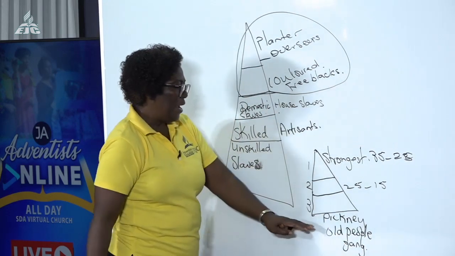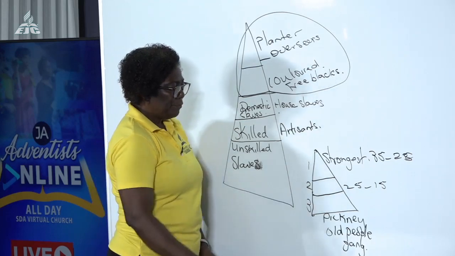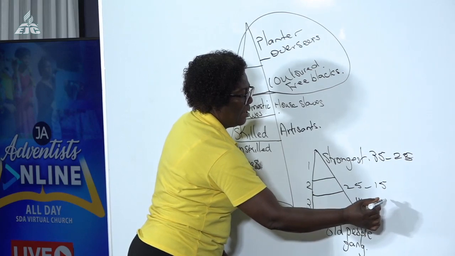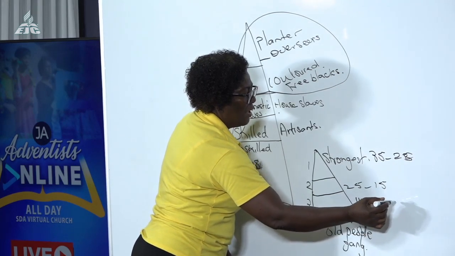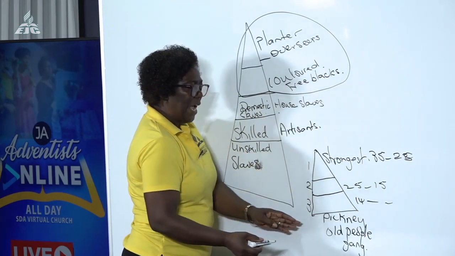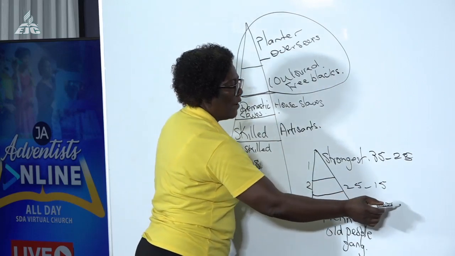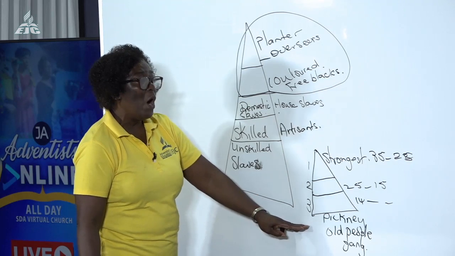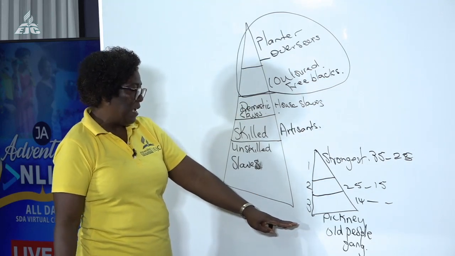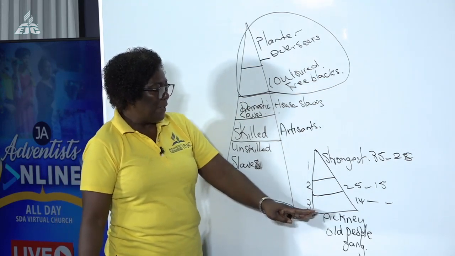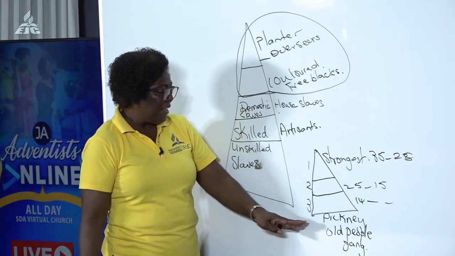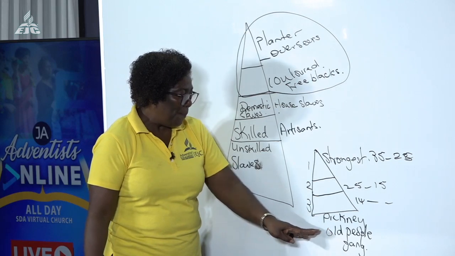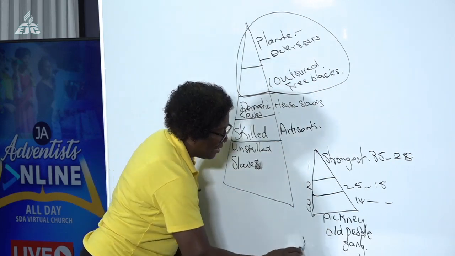Here you have children from about 14 going down, and no matter how small the child was on a plantation, they would have to work. So in the picnic gang, they would carry water for the slaves, they would pick up trash, and they would stay with the babies, along with the old persons they called Nana.